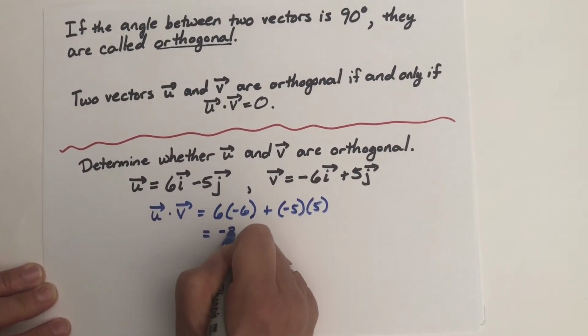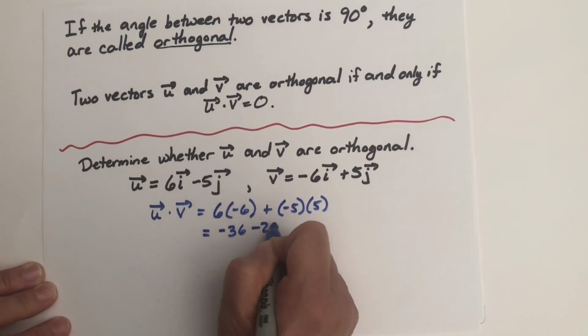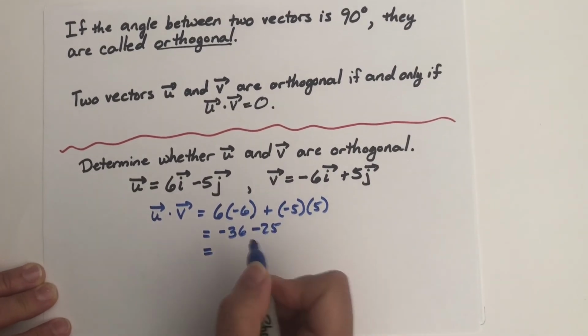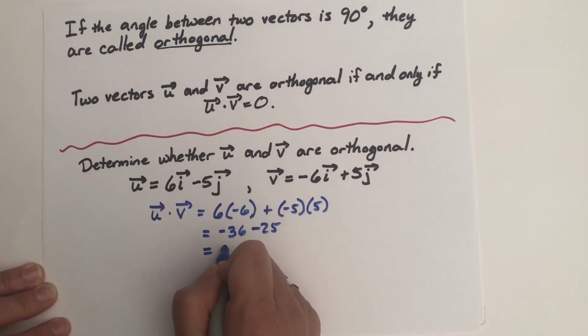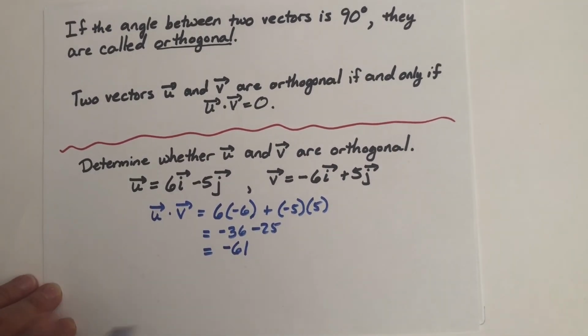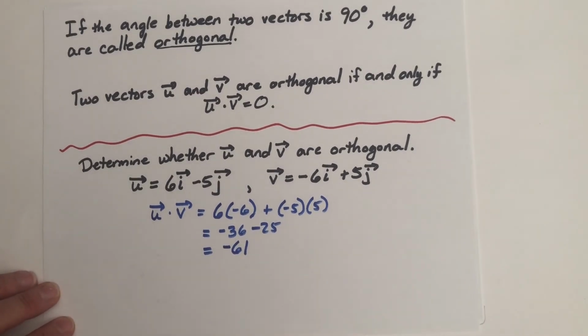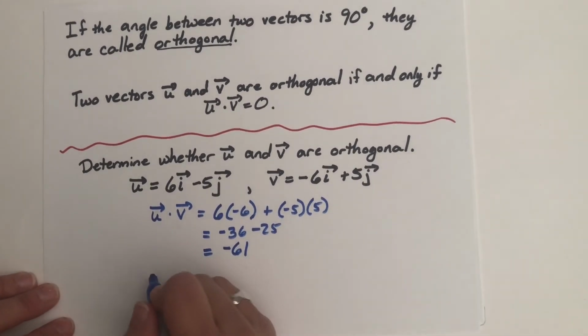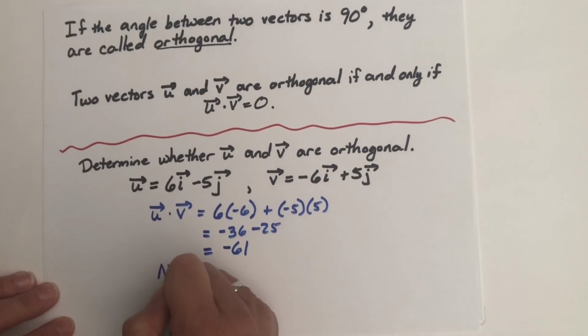That's negative 36 minus 25. We can see it's not 0, but let's get a value: negative 61. So are they orthogonal? The answer is no, because the dot product would need to be 0. So they're not orthogonal.